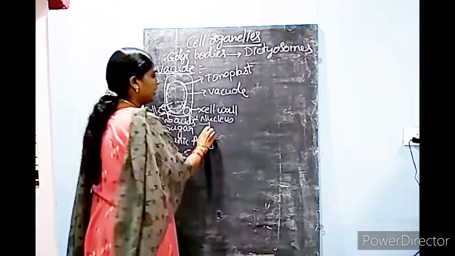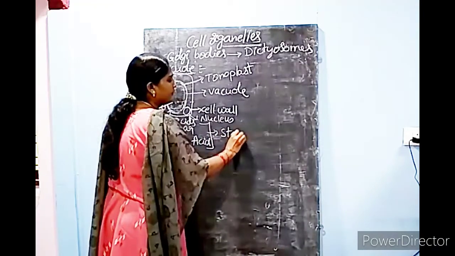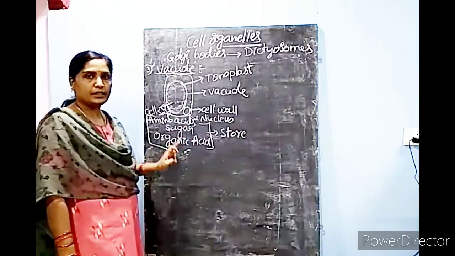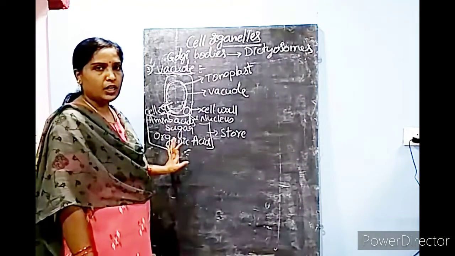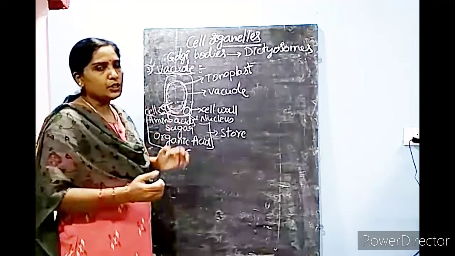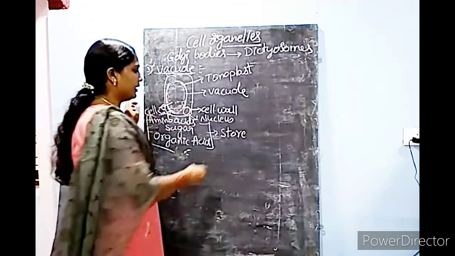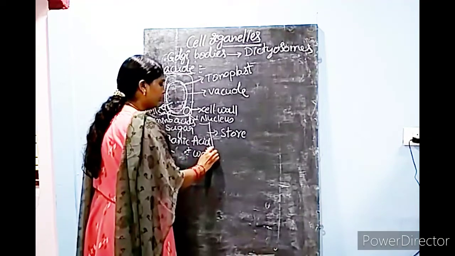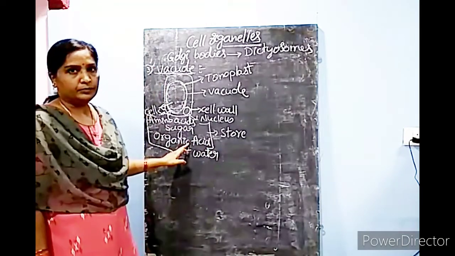That means the function of the vacuole is storing. It can store proteins, amino acids, sugars and organic acids. These all are stored in the vacuole. And it can also store water. Along with all this, the vacuole also helps to store water.